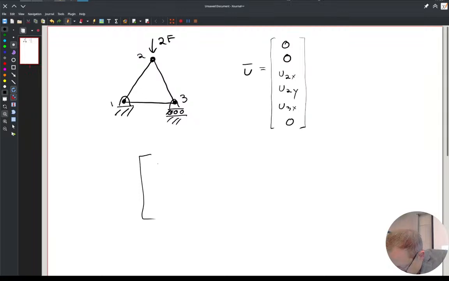So this big K matrix, K11, K12, K13, K14, K15, K16, and I guess it's symmetric.